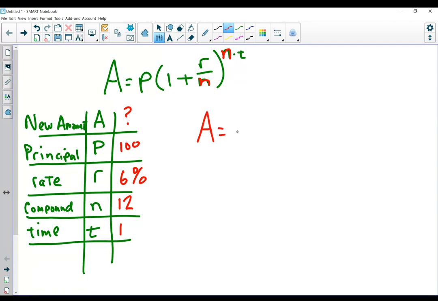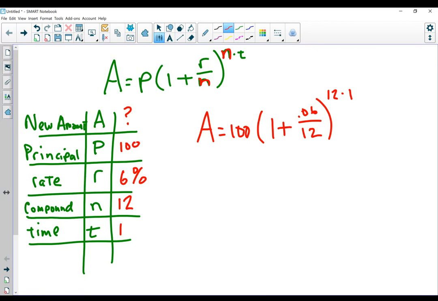A, we don't know. P is 100. You always have a 1 here. Your interest rate was 6, so we'll rewrite that as a decimal. This is 12. This is 12 times 1.